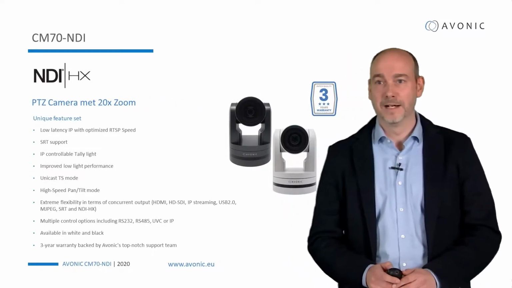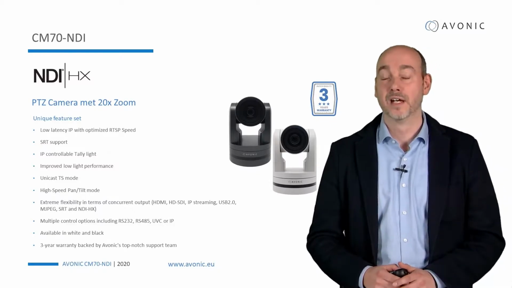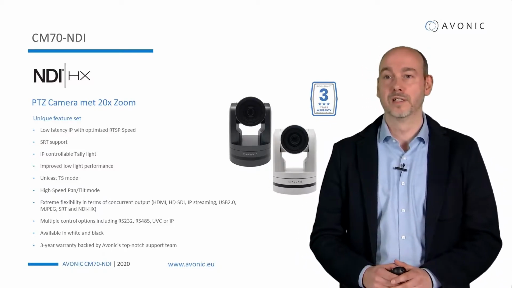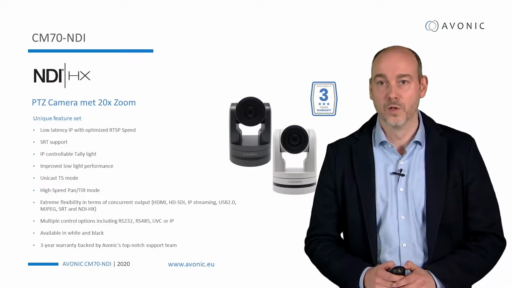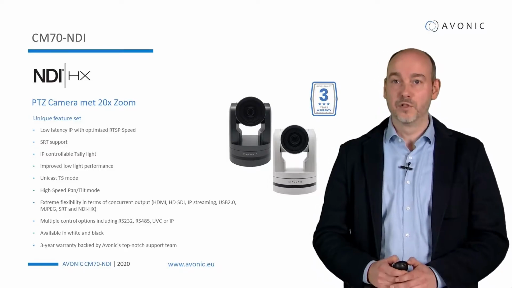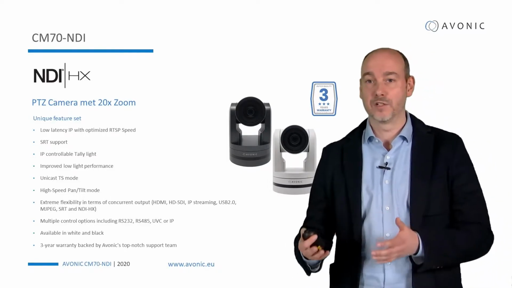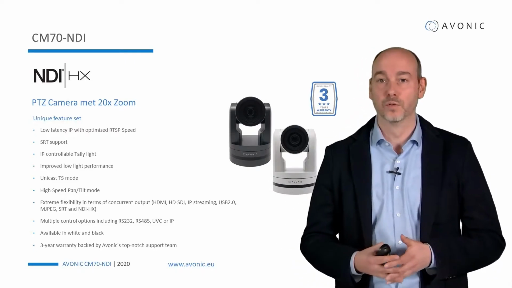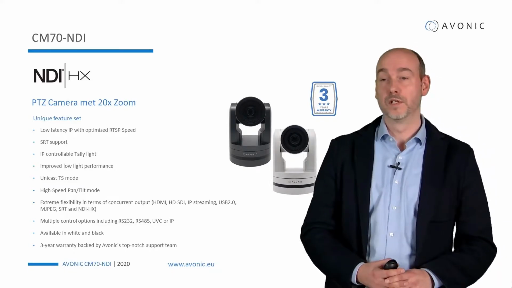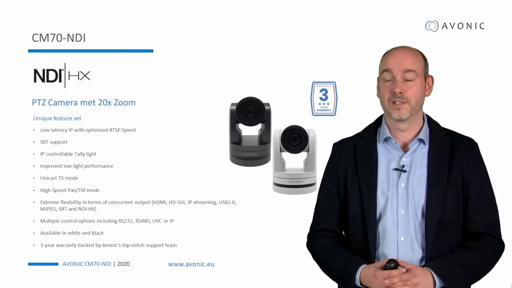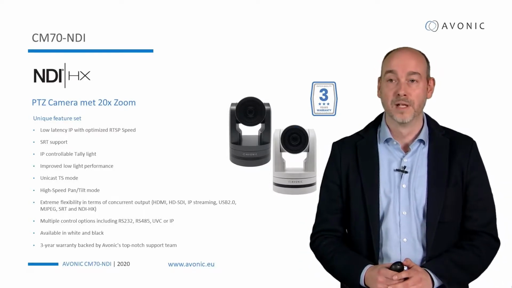So first of all, our CM70 NDI is an additional functionality, in a separate part number actually, of our CM70 PTZ camera line. It is a camera with 20 times zoom, with already low latency IP functionality, SRT support and fully IP controllable. It also supports a Tally input, which is controllable over IP, which opens up a lot of different functionality that you can control through controllers or dedicated software.